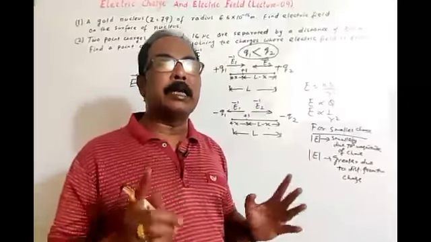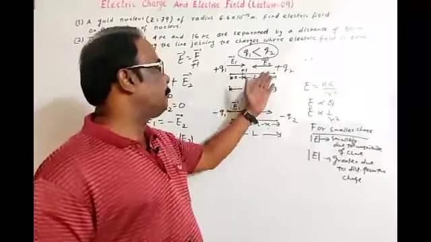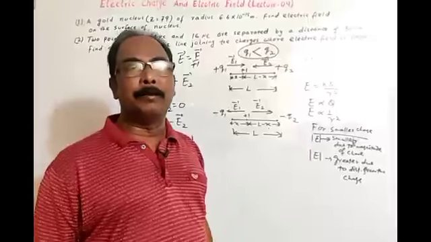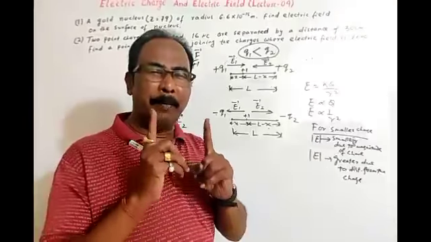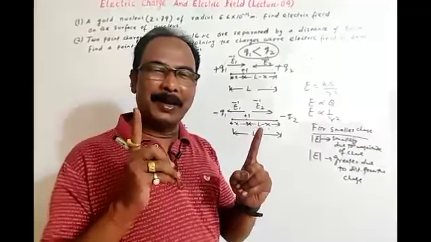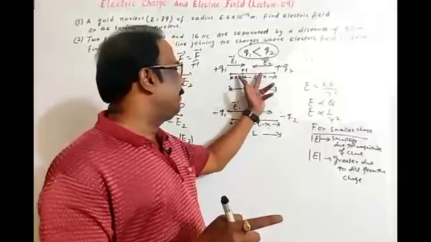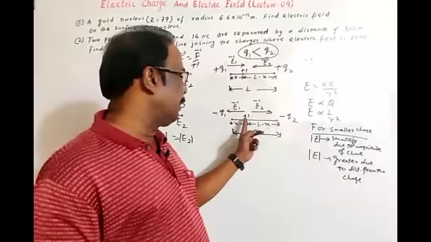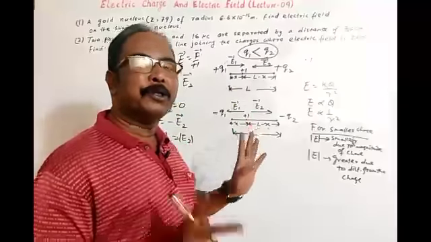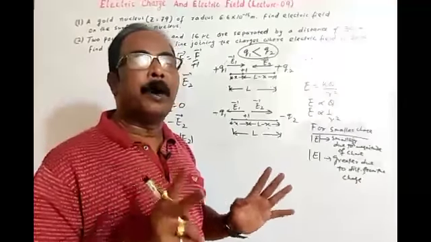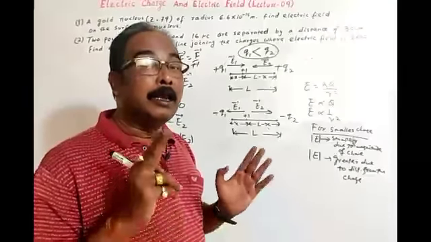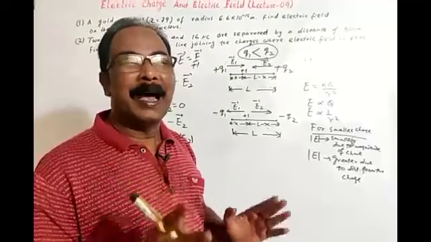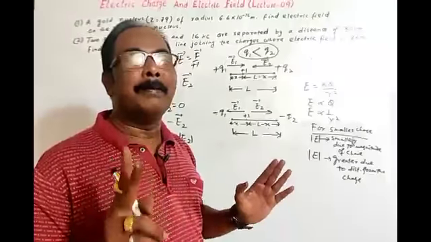If 2 point charges are of equal nature, positive positive or negative negative, we have to take a point along the line joining the charges, in between the charges, between q1 and q2. These are the points, number 1. Number 2, the point should be taken nearer to the charge of smaller magnitude.